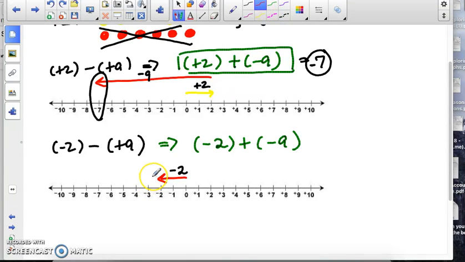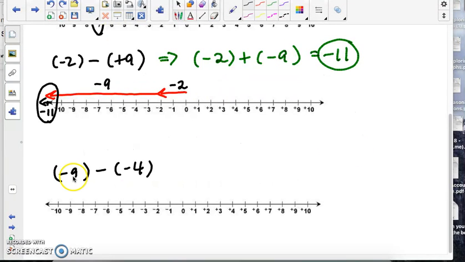You may have to extend the number line, and that's giving you a hint as to what the answer is. You're going to have to extend it until you hit 9 spots to the left of negative 2, and you end up at negative 11. So as you can see, you added negative 2 and negative 9 to get a sum of negative 11, okay?